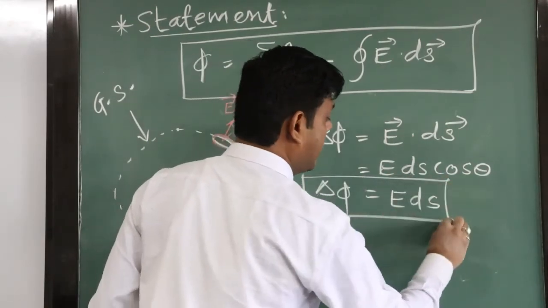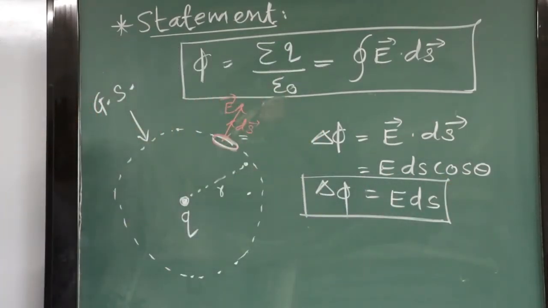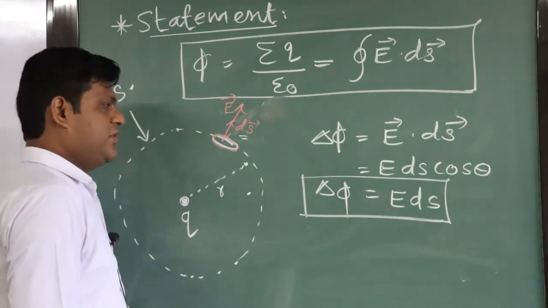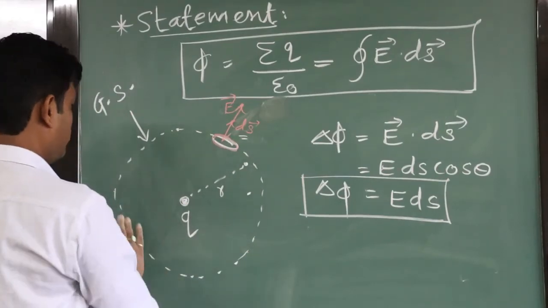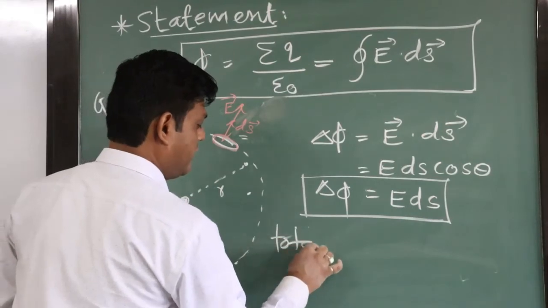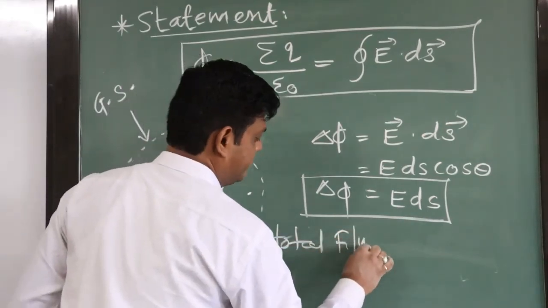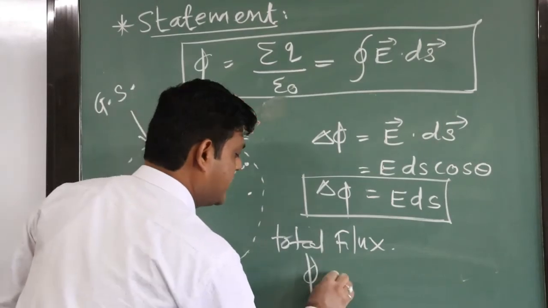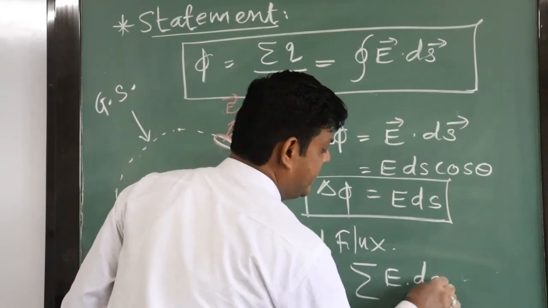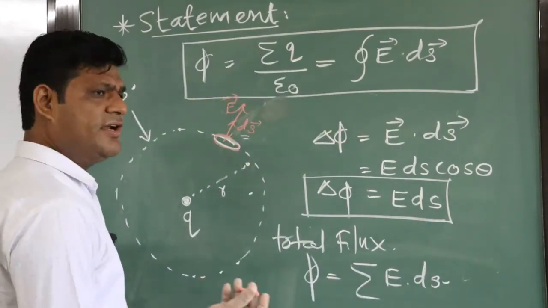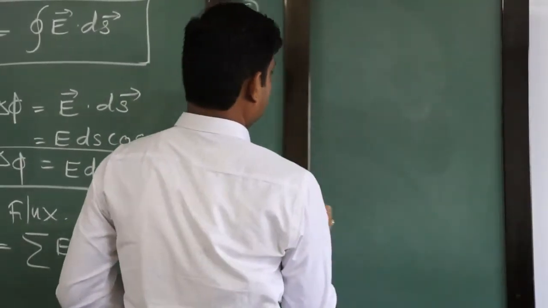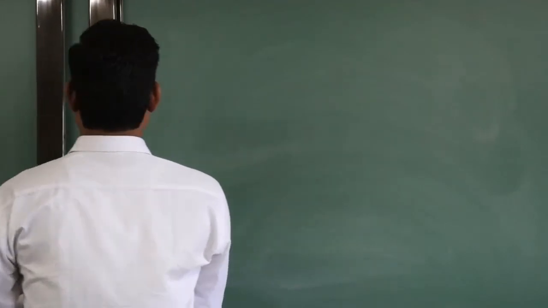We want to calculate how much flux is linked with the given sphere. So for that purpose, integrating the above equation, or we can take the summation of all the flux linked with the small areas. So total flux phi equal to, adding this, we will write E into ds, right. Electric field is constant, so we take E outside.